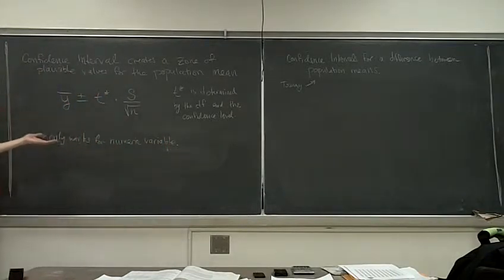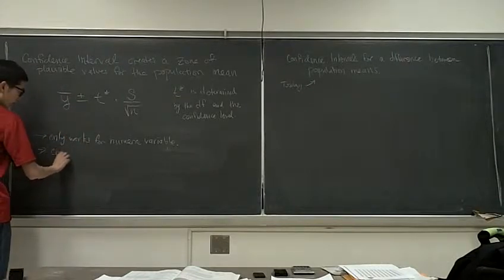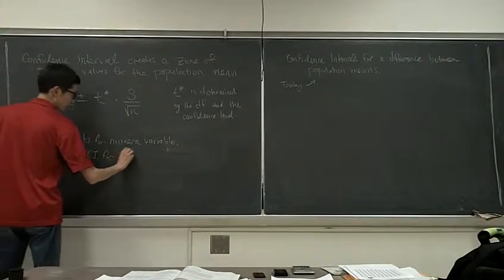And it only makes sense if there's just one population you're interested in. If you have a bunch of different populations, you're going to have to create different confidence intervals for each one. This creates a confidence interval for a single population.